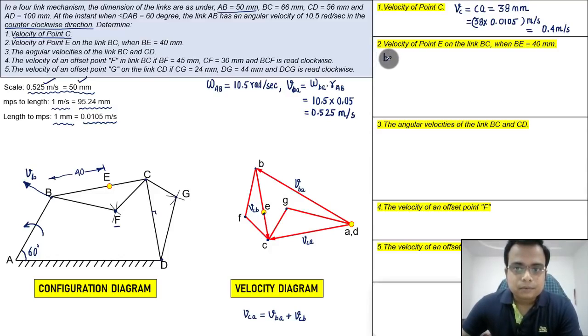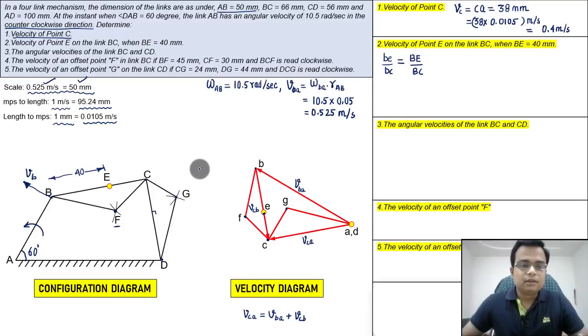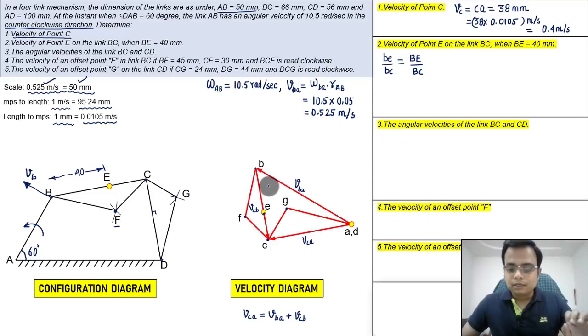Why I'm telling you this? BE over BC is equal to, again, BE in the configuration diagram over BC. Now guys, what basically I've done, these two diagrams are proportional.